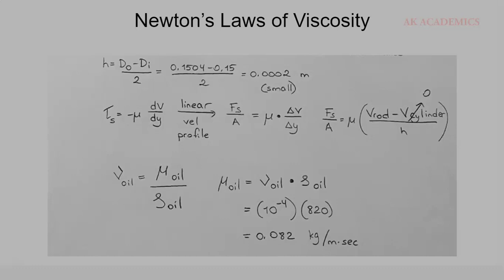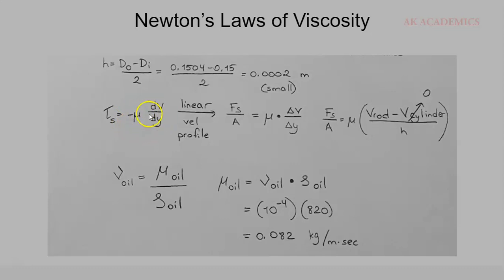Also, we know our tau, which is shear stress, is equal to minus viscosity multiplied by dv/dy. If we find the limit as delta y tends to 0, because h is very small, this becomes delta v divided by delta y, and then we have just the viscosity here without a negative sign, because the negative just represents resistance.